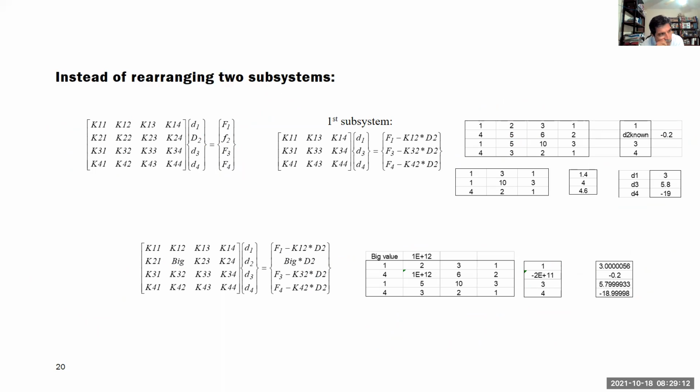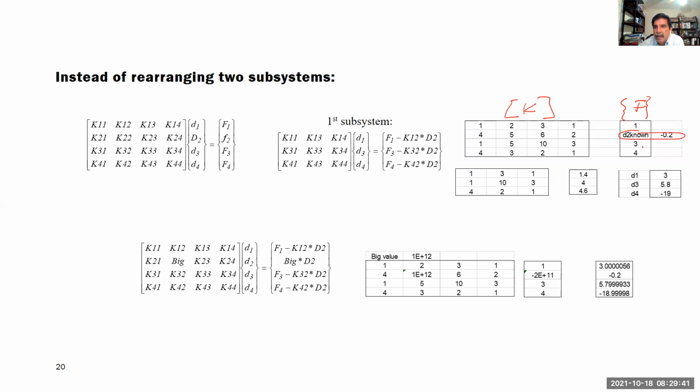In the values of 1, 3, and 4, is it only the number or the displacement? The 2, the 1, the 3, the 4. In this example, it's like you had, for example, forces. This is like your big K. But in this example, D2 is known.